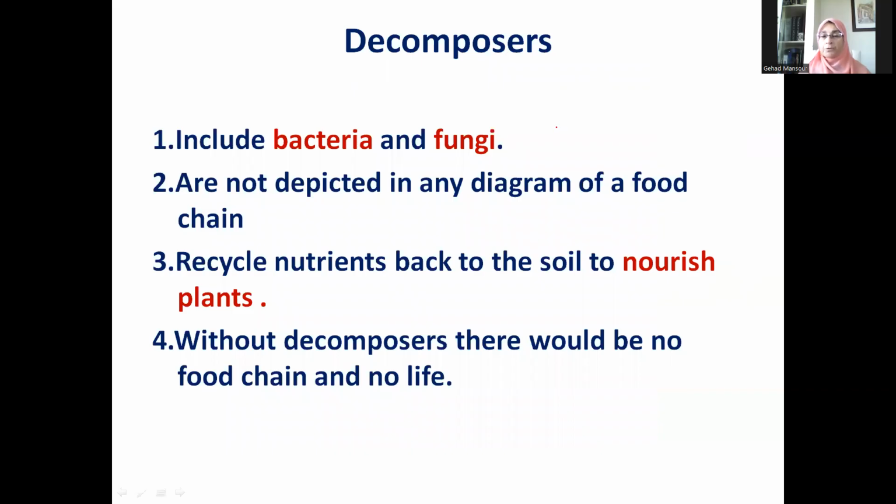Now, the decomposers are, of course, as you know, living organisms that cause decay of the other living organisms after they die or they pass away. And the decomposers are usually either decomposer bacteria in the soil or fungi. The decomposers are not depicted in any diagram of a food chain because it goes without saying that they should be present.